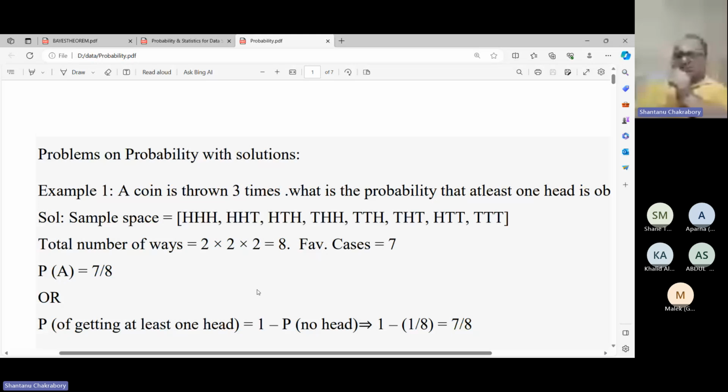Or you can write it as 1 minus 1 by 8, which is also equal to 7 by 8. So this is how we calculate the probability when we toss a coin 3 times, where the total sample space is 8 and the event space is 7. The event is getting at least one head when you throw a coin 3 times.